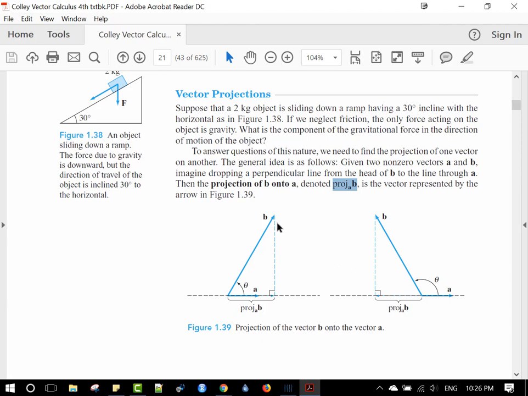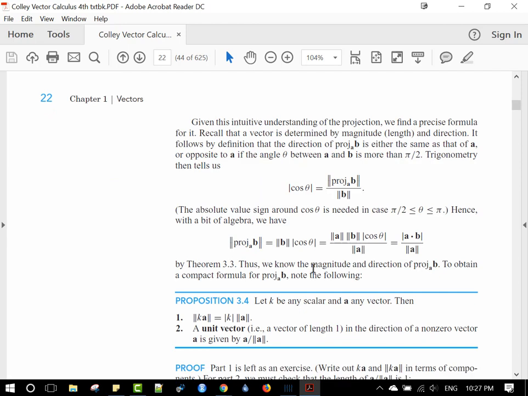Remember, by projection we mean that if you took a light and shined it down here, where would it fall on this line? Where would the shadow start or end on that line? Now we want to get some results about projections.